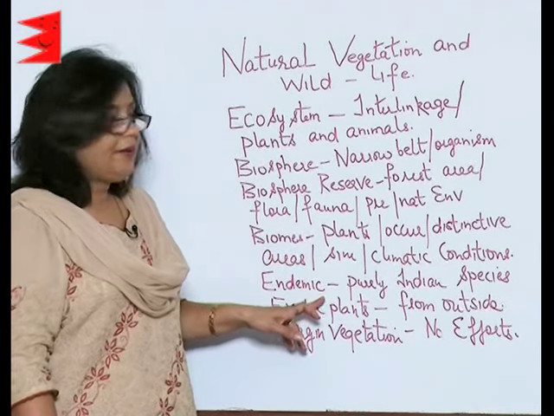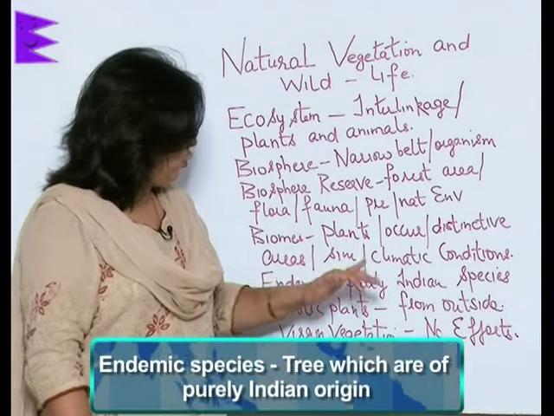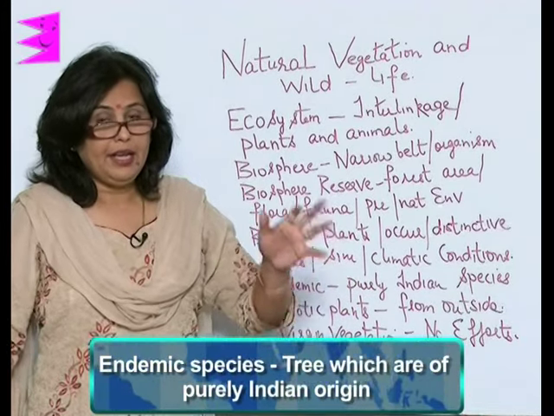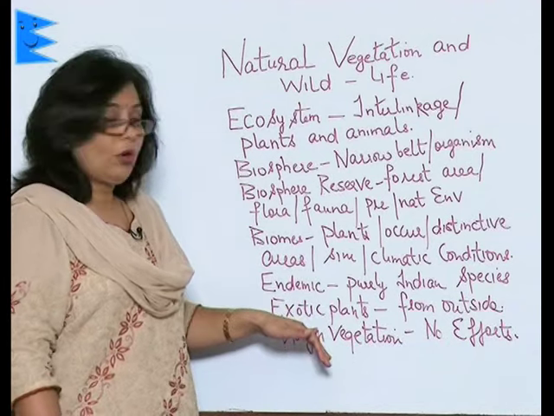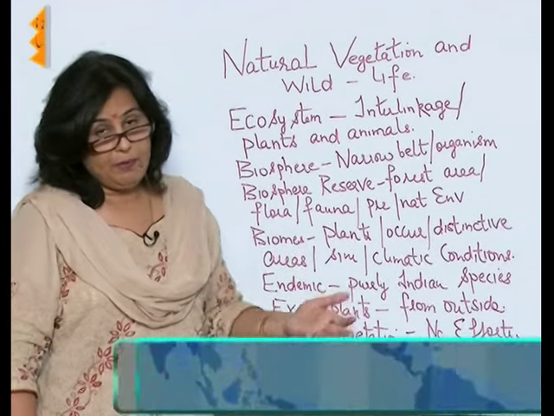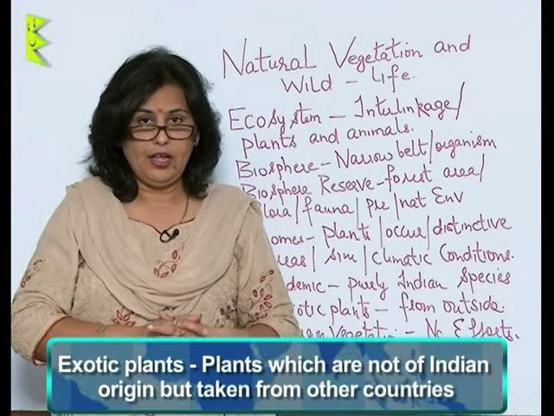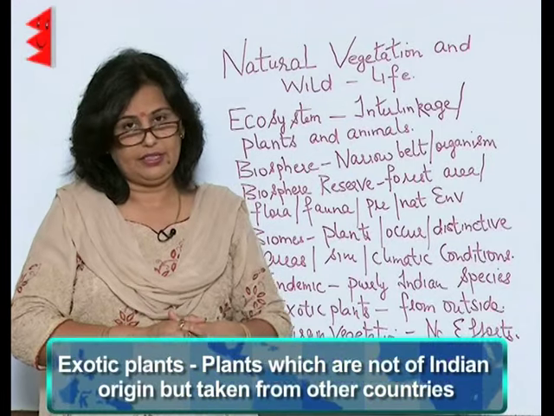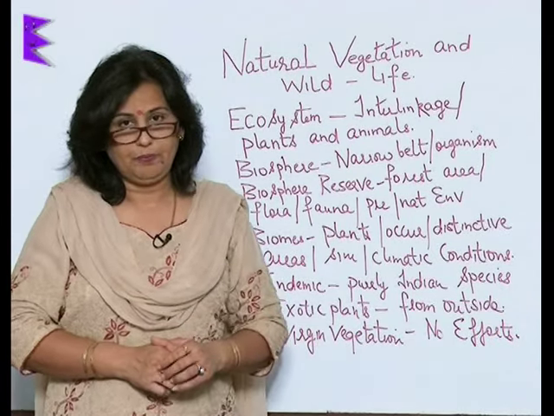Next is endemic species. Endemic species are those trees which are of purely Indian origin. Next is exotic plants. Exotic plants, those plants which are not of Indian origin but have been taken from other countries.